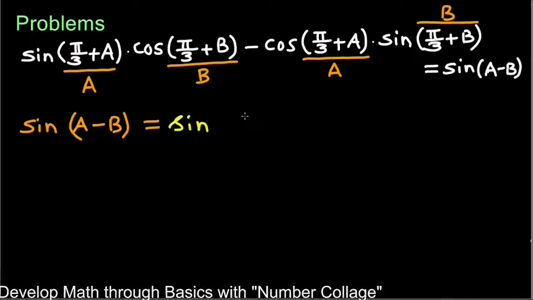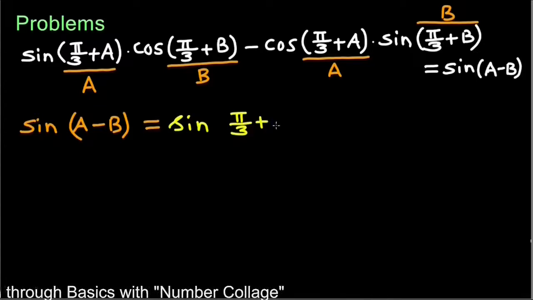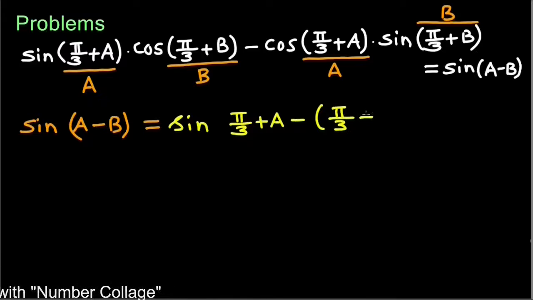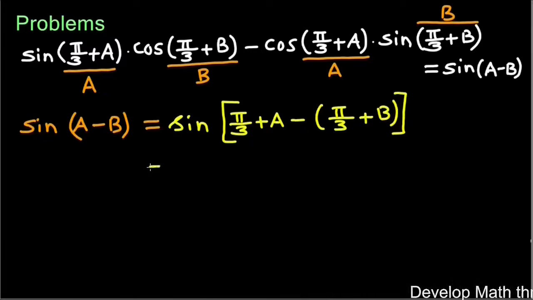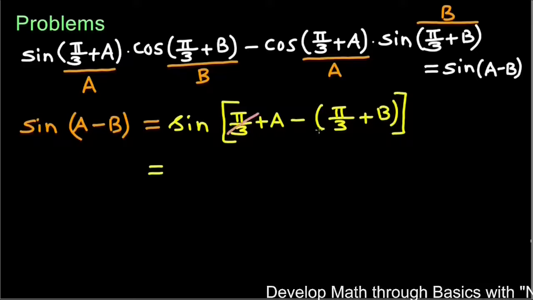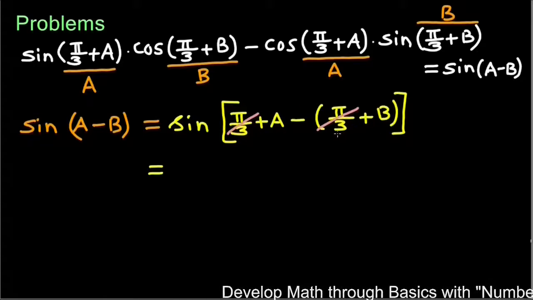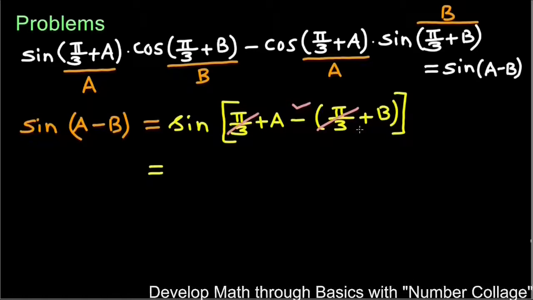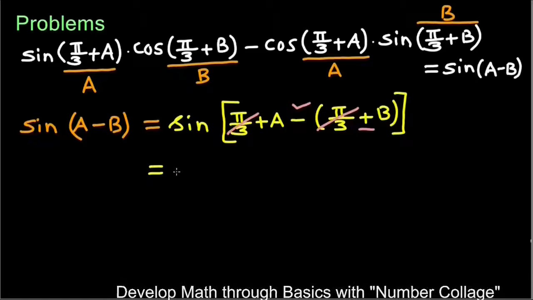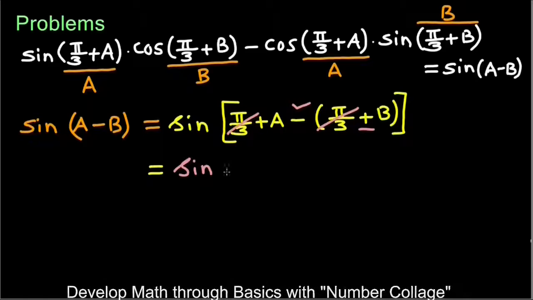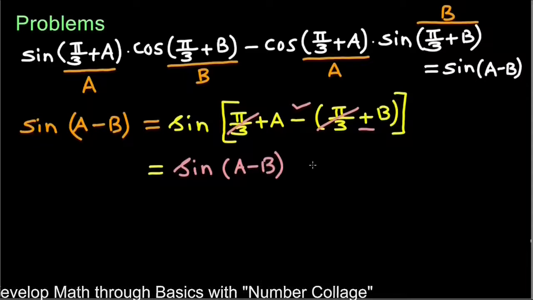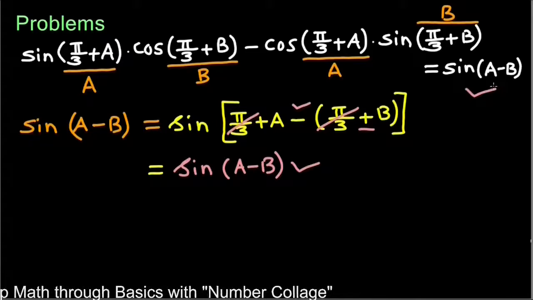That will be sine of (pi by 3 plus a) minus (pi by 3 plus b). This pi by 3 cancels with this pi by 3, and this minus will make this plus sign minus. So finally we get sine of (a minus b), which is what we have to prove.